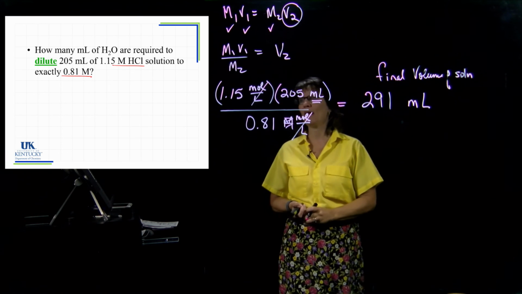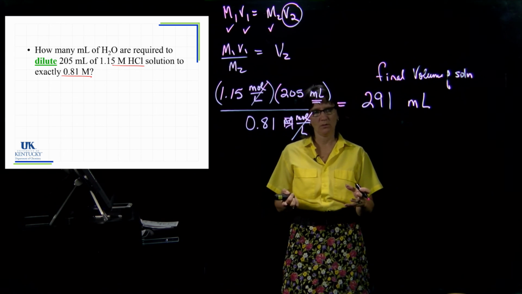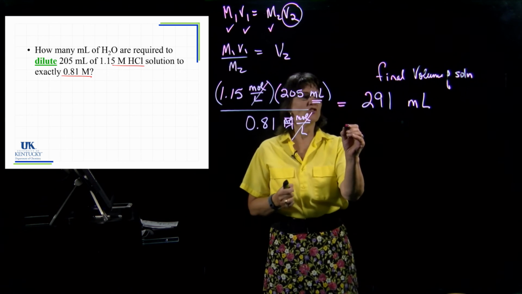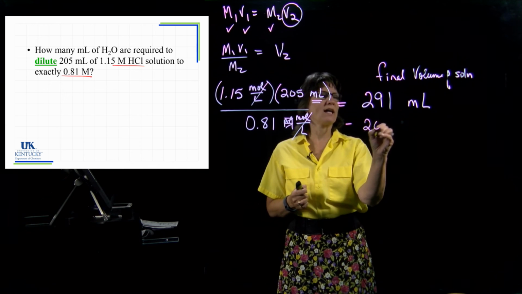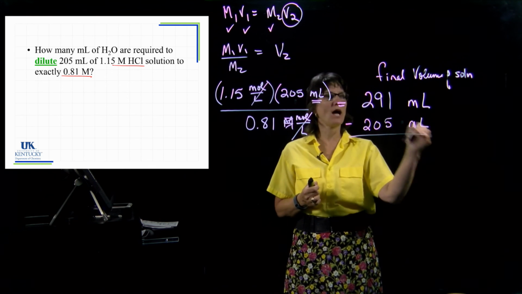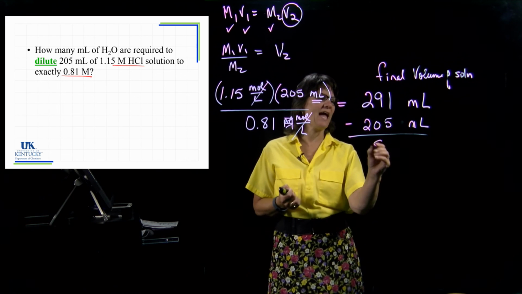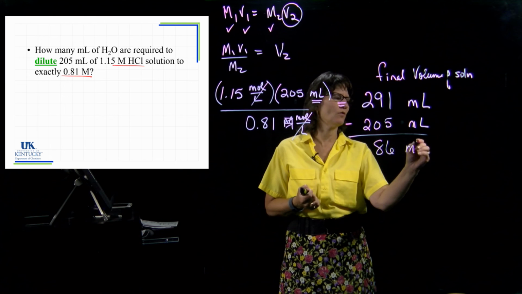So how do I figure out how many milliliters of water I have to add? Stop and think about it if you need to. It's going to be a subtraction process. I subtract how many milliliters of solution I started with from how much I'm making in the end, and that gives me 86 milliliters of water.